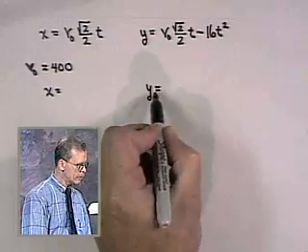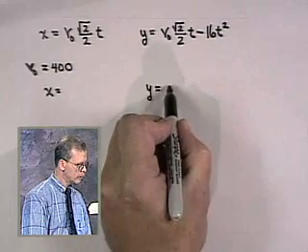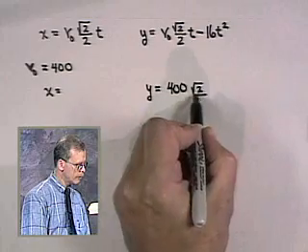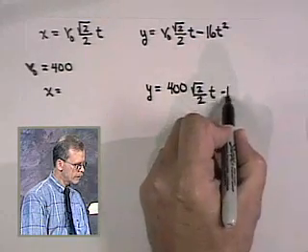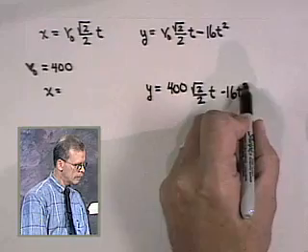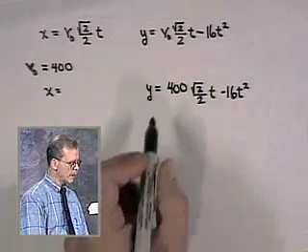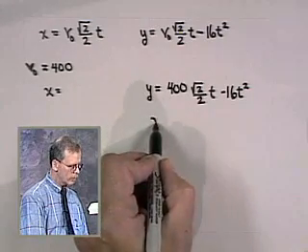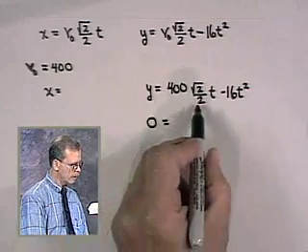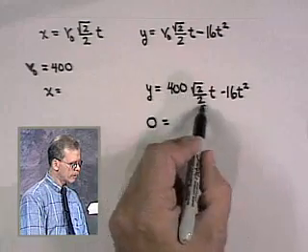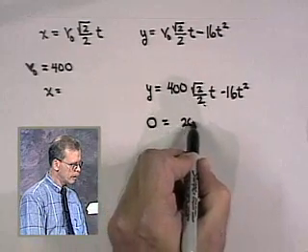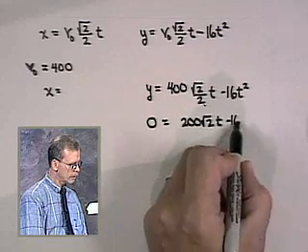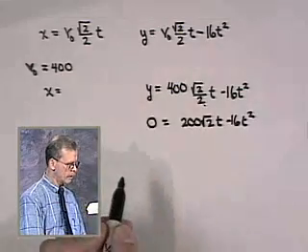Let's see what this equation looks like with v sub 0 substituted in. 400 times the square root of 2 over 2, t, minus 16t squared. Remember now, we want to know when the projectile hits the ground, so y is 0. We could reduce this and just write 200 radical 2 t minus 16t squared.